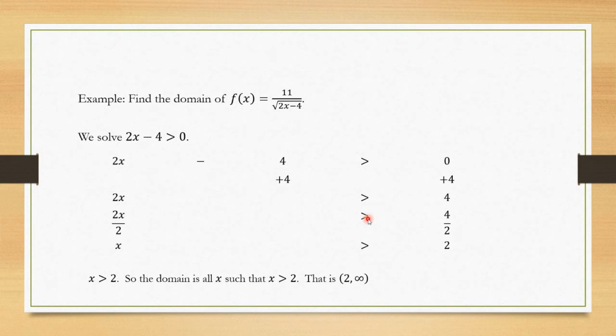You only turn the inequality around if you're multiplying or dividing by a negative. That's not what we're doing here. So we end up with x greater than 2. So the domain is all x such that x is greater than 2, which as an interval is this.